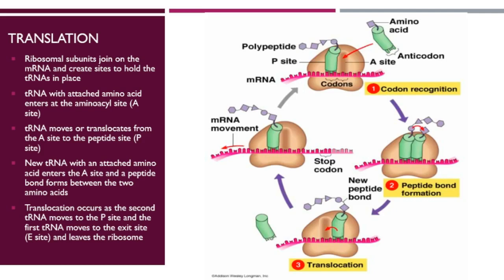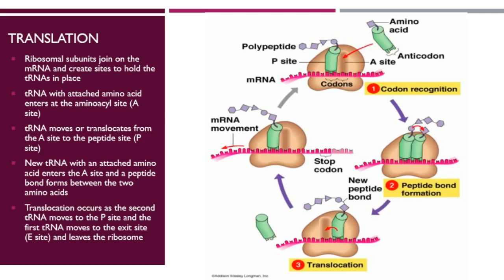So once the ribosomes are attached, then we're going to have transfer RNA molecules that are going to be delivering amino acids. And the first transfer RNA molecule is going to enter this process at the A site. This is the aminoacyl site or the amino acid attachment site, okay?